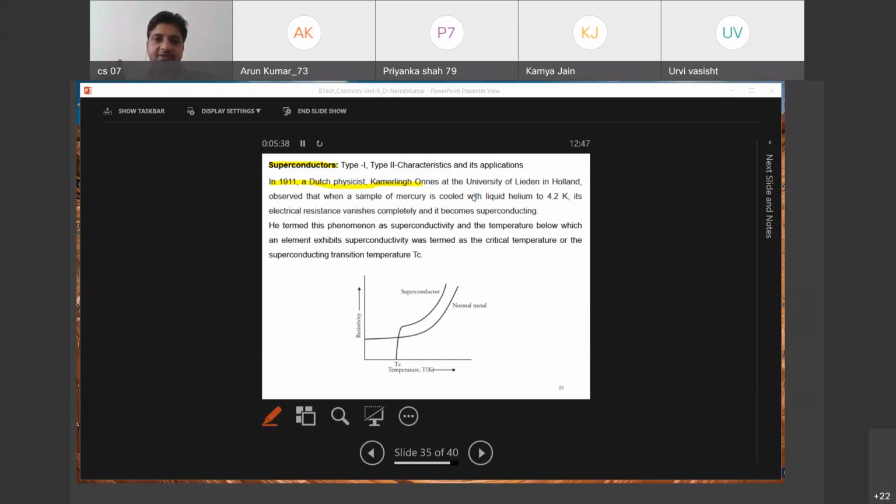He observed that when we cool mercury, which is a metal, he accidentally cooled the mercury using liquid helium up to 4.2 Kelvin. He found that upon cooling the mercury to 4.2 Kelvin, at this temperature it shows high electrical conductivity with zero electrical resistance.